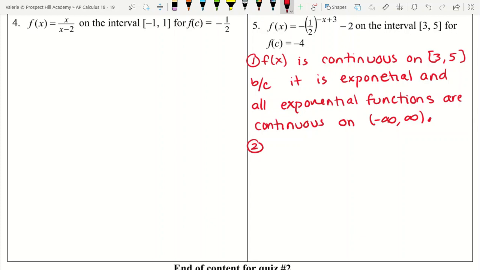we need to figure out what our f of a and our f of b are. So looking at the beginning and end of our intervals, f of 3 is going to equal -1/2 to the -3 plus 3 minus 2, which is equal to -3.